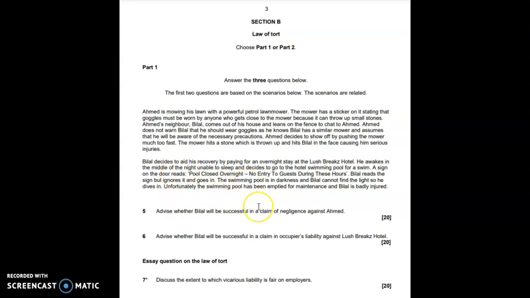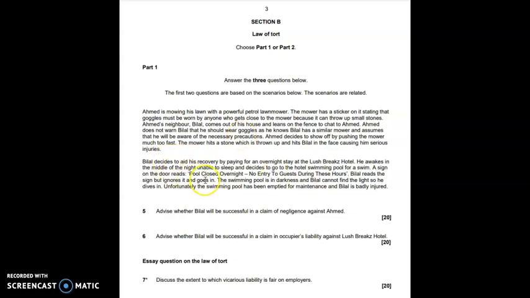So you'd need to be applying the law on the Occupiers Liability Acts 1957 and 1984 here. I have some videos on my channel which go through in detail precisely how to apply occupier's liability to a scenario, but just briefly here, you'd be talking about the fact that Lush Breaks Hotel seemed to be an occupier for the purposes of the Act, and to begin with, Bilal's a paying guest and therefore he has a licence to be on the premises.